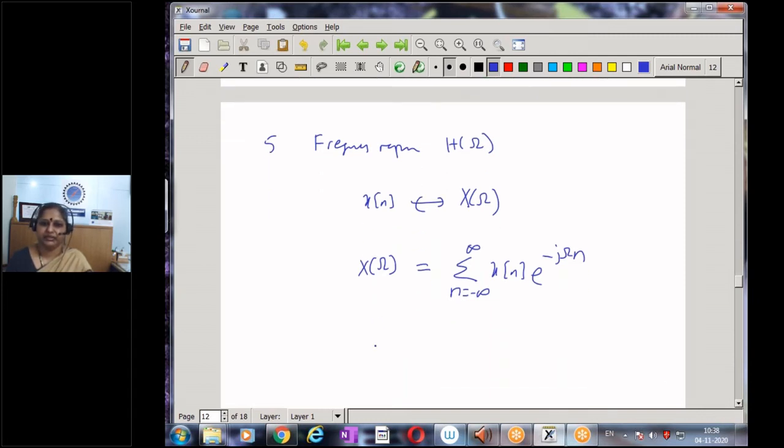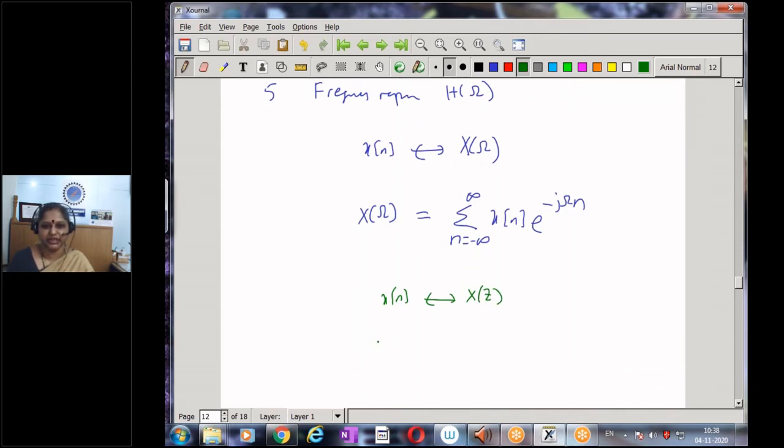And if I have the same sequence x[n] and I try to compute the Z transform X of z, we have just now seen that by definition the Z transform of a discrete time sequence is given by the sum from n equal to minus infinity to infinity of x[n] z to the power of minus n. So let us compare equation 1 and equation 2.